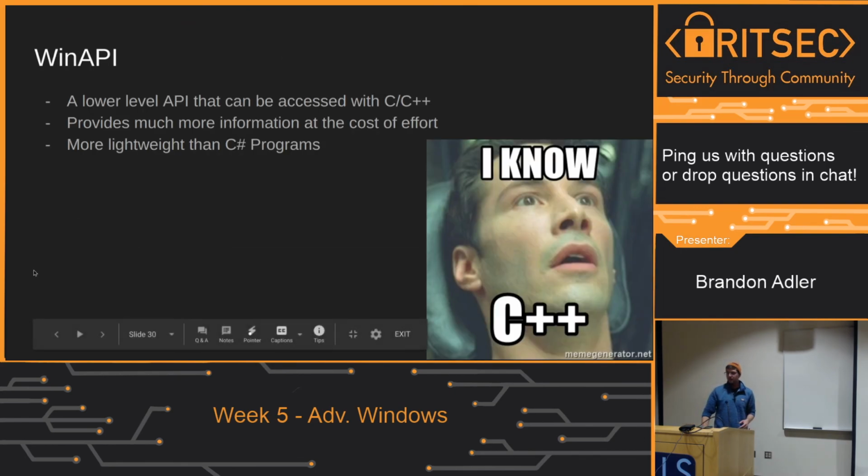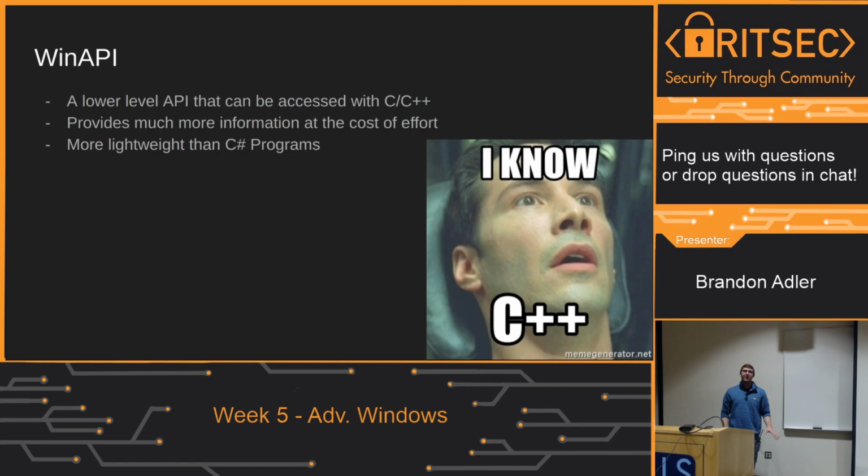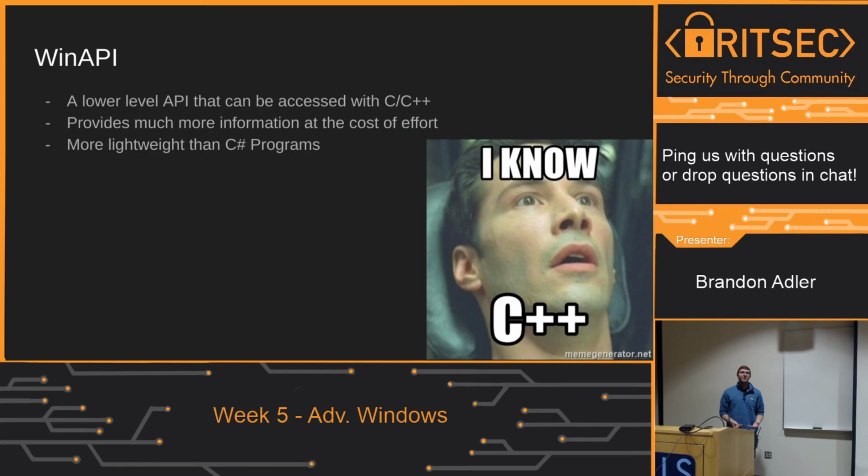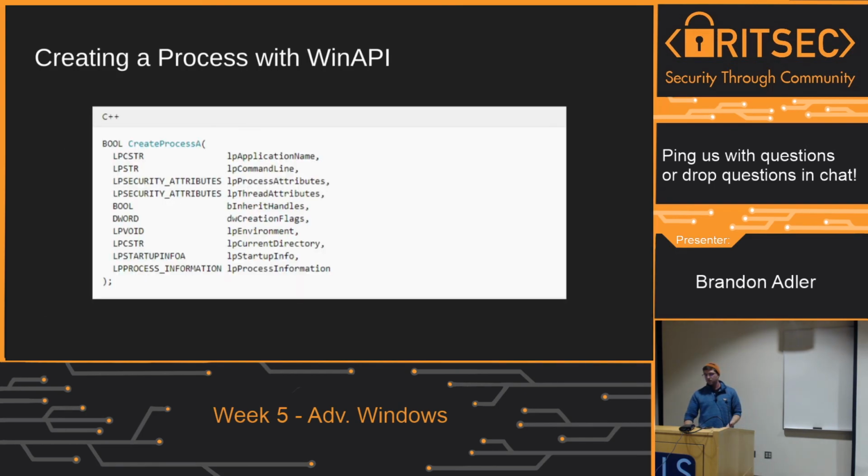So the Windows API, this is what the .NET framework is built on, and this is the lowest level user mode API you can interact with. And this provides much more information, exactly, at the cost of effort. So it requires a lot more effort to create a process in C++ than it does in C#.